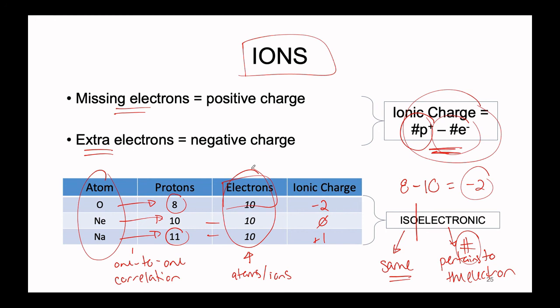They all have 10 electrons. And similar to John Dalton's atomic theory, we can't have half of an atom, we can't have 3/4 of an atom, we can't have fractions of atoms. Same thing here. We can't have fractions of some atomic particles. So we have to have whole numbered integers of the protons, the electrons, and the neutrons, and this will always give us a whole numbered ionic charge as well.